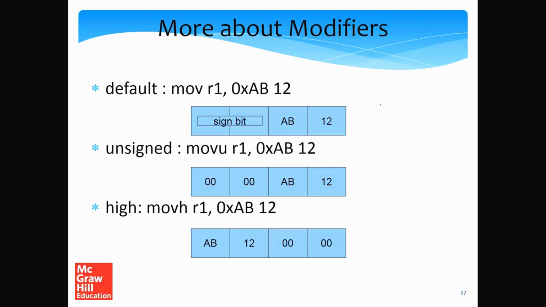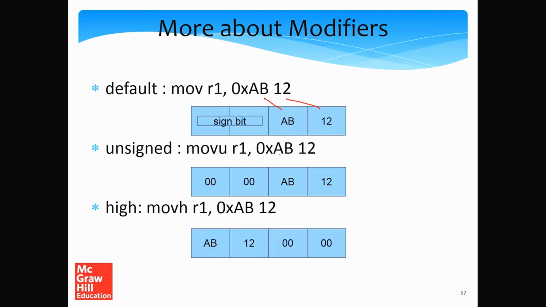So let's take a look at some examples. Let's first take a look at the default behavior of AB12 where the MSB is equal to 1. In this case, we load AB12 in the lower 2 bytes and the upper 2 bytes consist of the sign bit. The sign bit here is 1, so all these 16 bits are 1.